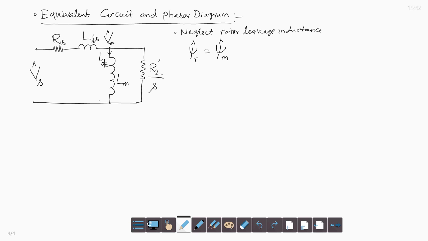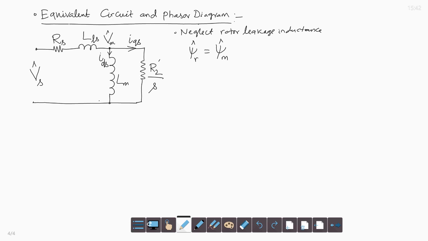So, it is the field component of the current IDS, and the rotor branch current is now in phase with Vm, and we will write it is at 90 degree to IDS. So, we will write that IQS.